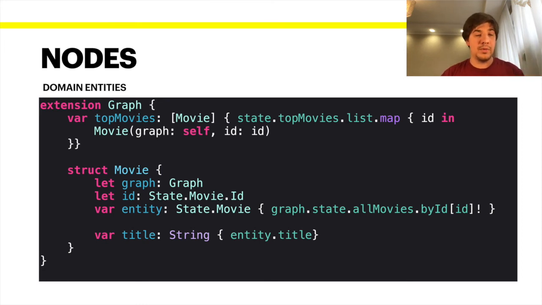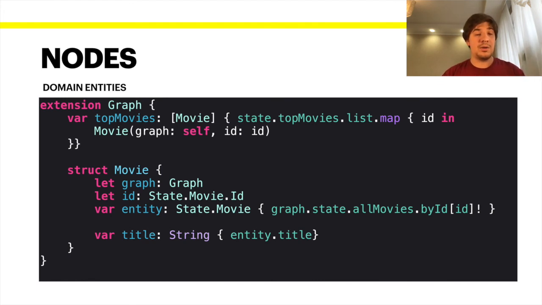For example, movie is a node in a graph, so the movie structure will have a link to a graph, some position coordinate to it, an ID, and for example a computed property title, which allows us to access information from the state. So as you can see, the entity of the movie is also a helper property, which will go to the state and extract the entity for the graph, while title allows us to fetch the title directly.